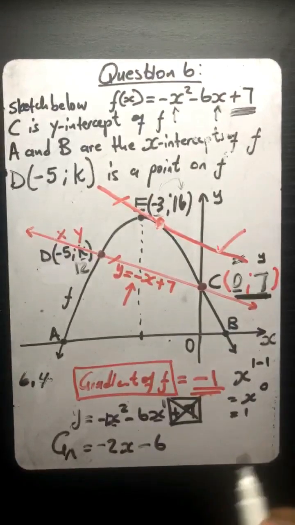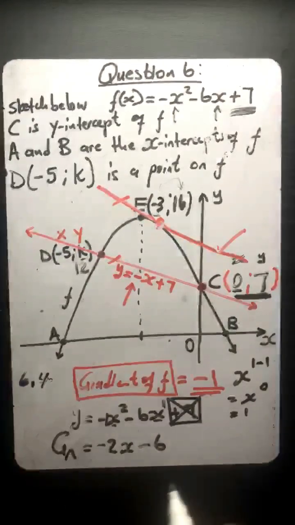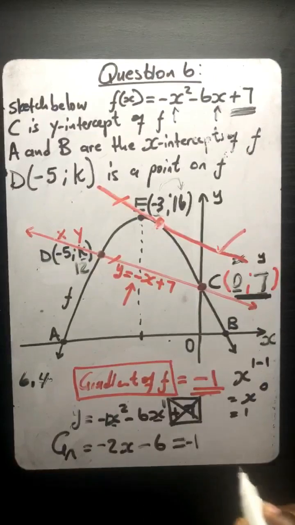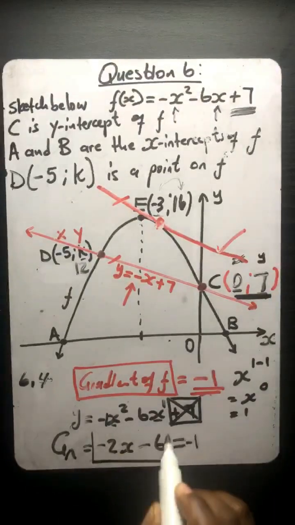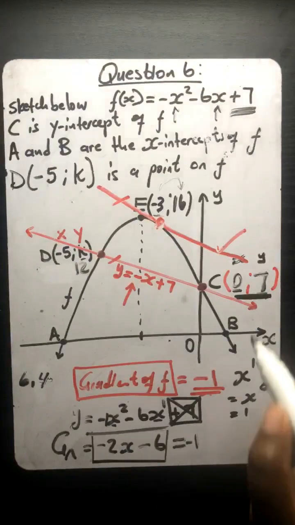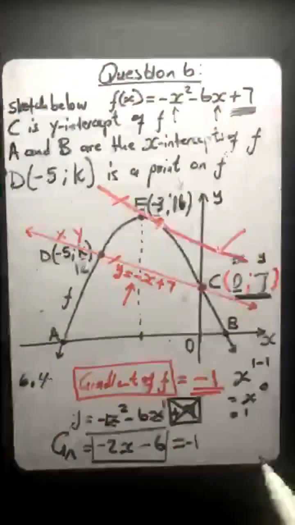So let's see. We are having negative 2x minus 6, which is what I said you can equate to negative 1. What we have just got is actually the gradient of that function at any point.